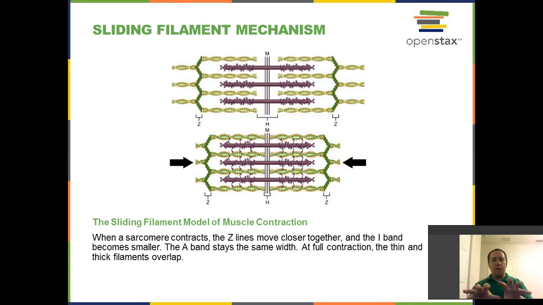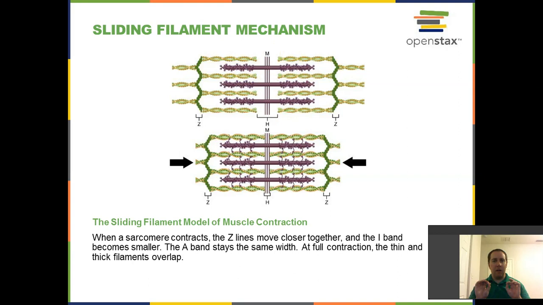But if you zoom out one level and look at how this works in a single sarcomere, we get what we call the sliding filament mechanism. We see a sarcomere here. We have the M line running down the middle. We have the thick filaments. The thick filaments are actually going to stay in place.